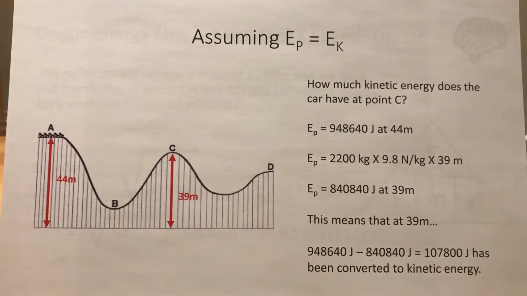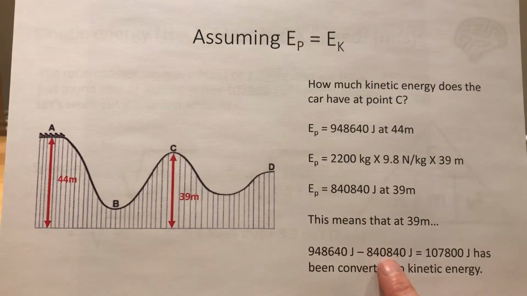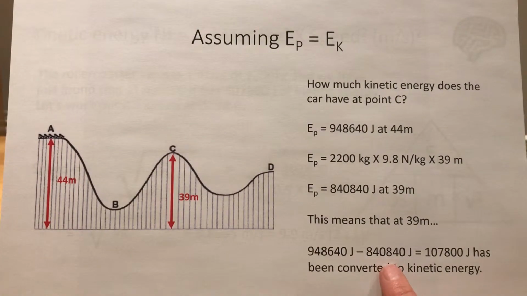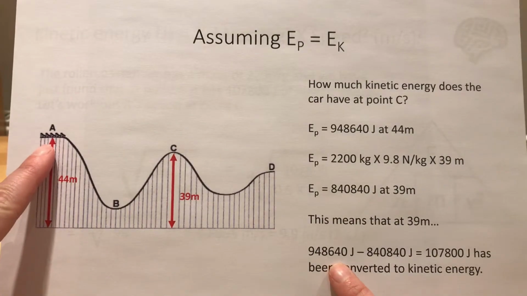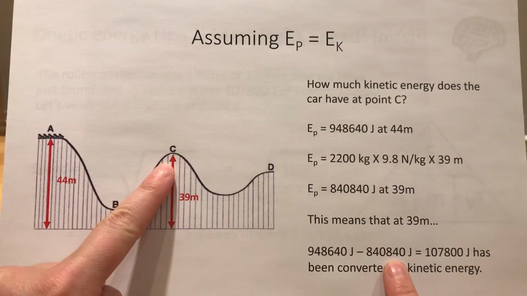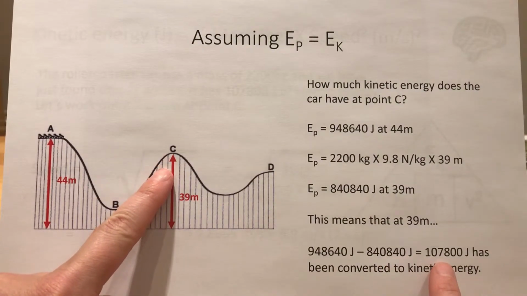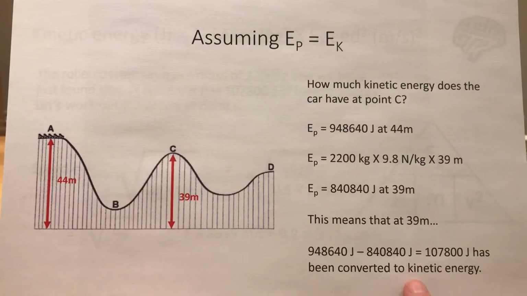Okay, so this means that at 39 meters, if all of the gravitational potential energy converts to kinetic energy, at A we had this much energy, at C we've now got this much gravitational potential energy. So the difference is the amount that's been converted to kinetic energy. So the total gravitational potential energy here minus the gravitational potential here gives us the difference in gravitational potential energy that has been converted to kinetic energy.